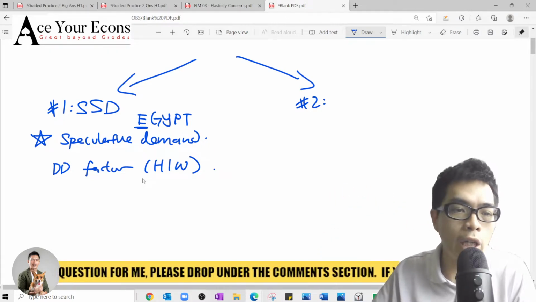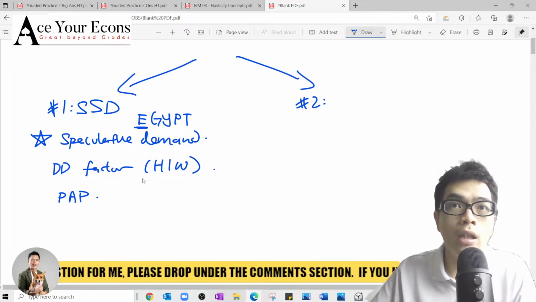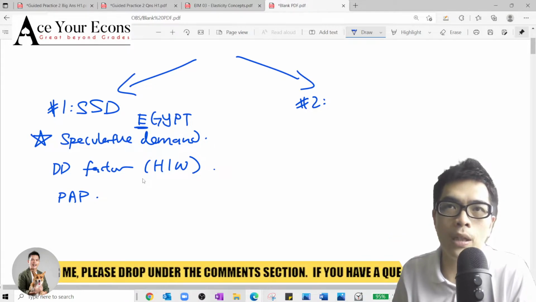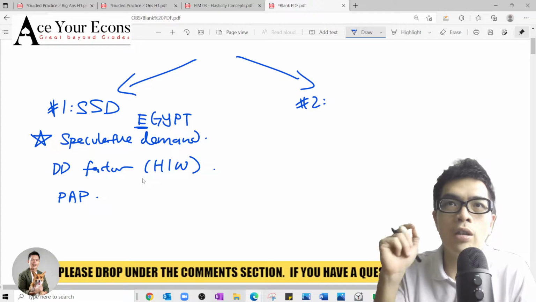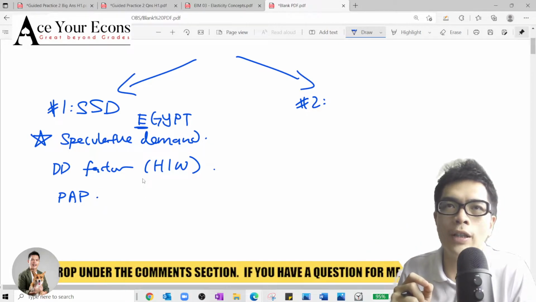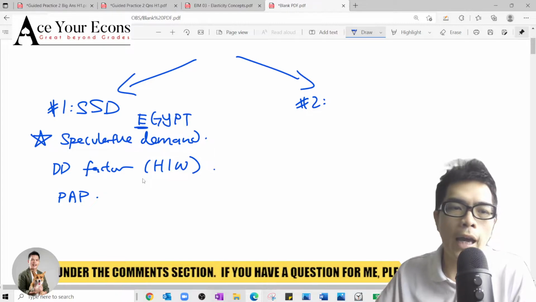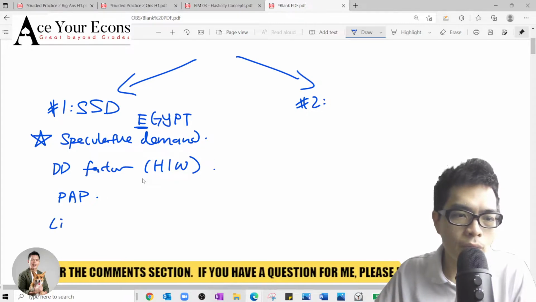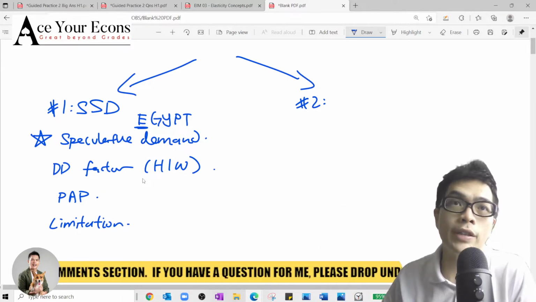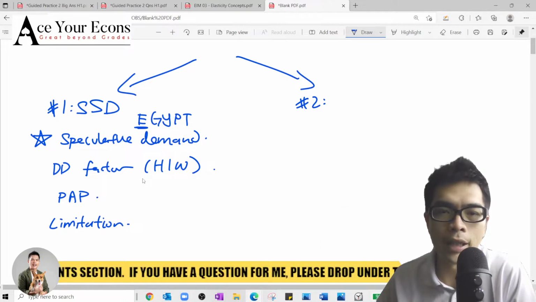And make sure you include the price adjustment process. Price reduction policies will always have a price adjustment process, PAP. If you're not sure about PAP, check out the demand and supply clips that I've shot under the content side. And limitation. Just now Dylan gave you all a limitation. If not, you can consider any other forms of limitation, which I accept.